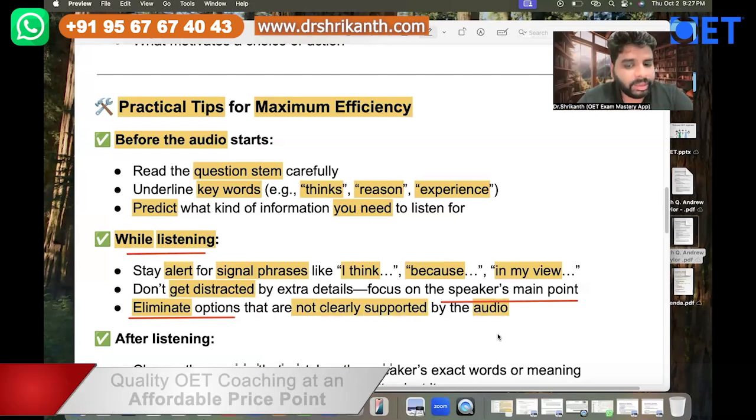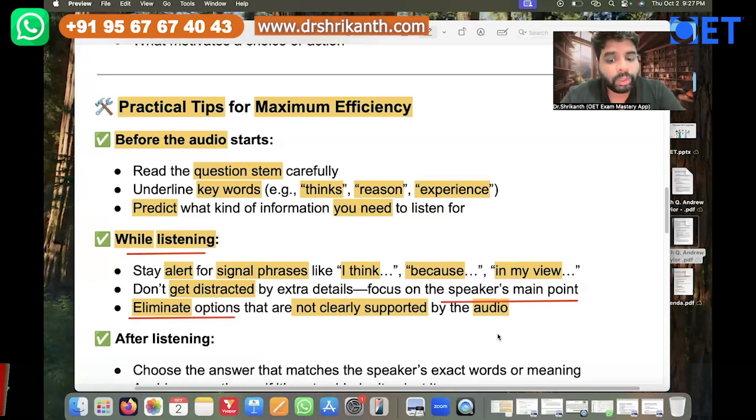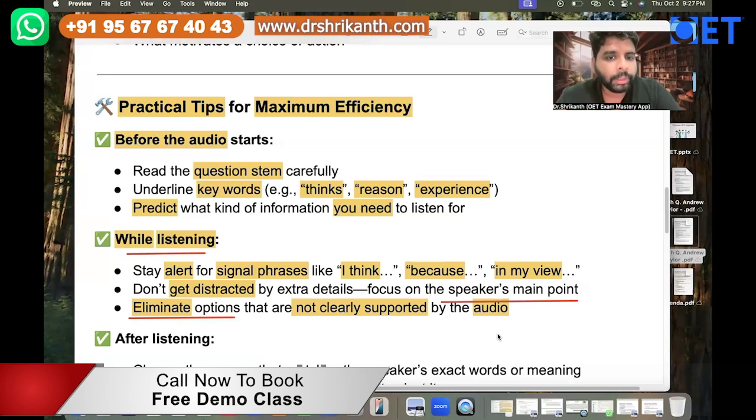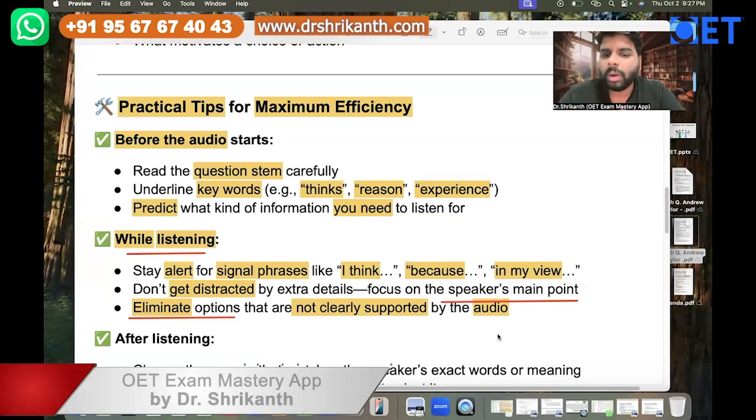They are saying this, they are not saying that, and this information is not supported by the question or by the audio. So therefore, I should eliminate it. If you eliminate two answer options, automatically you have found the correct answer. So that is how important elimination strategy is.